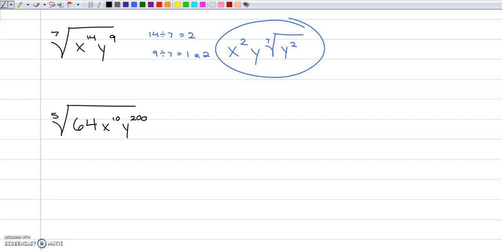I was going to make some kind of crazy number inside of there, but I decided to just keep it at 200. So now the question is, I have this 5th root. I have a 64, some x's, some y's. Do I have to do anything different? And the answer is no. Let's treat it like we've always treated it.